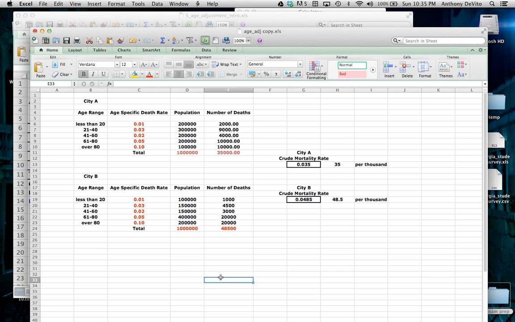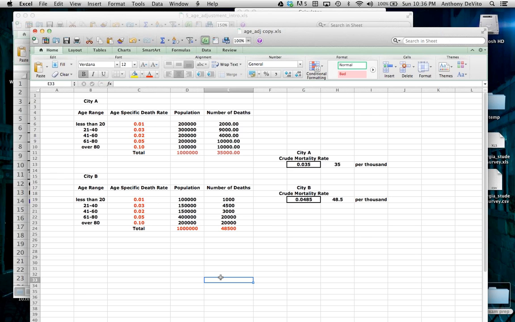That's a problem. Say you want to compare the death rate in Nome, Alaska to the death rate in Miami, Florida, which has a much older population. Alaska has one of the youngest populations. Well, what you're going to find is that it won't be a fair comparison. It's going to seem like the death rate in Miami is much higher and there's some sort of health emergency going on in Miami, when that may not be true.